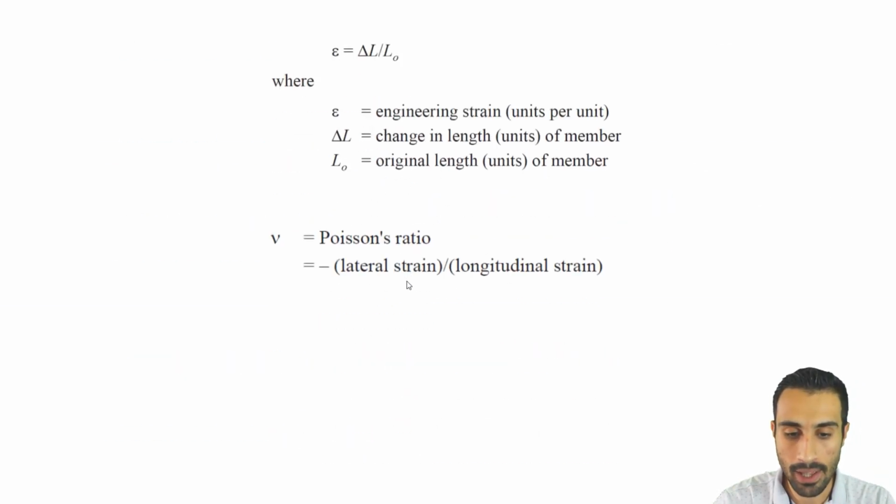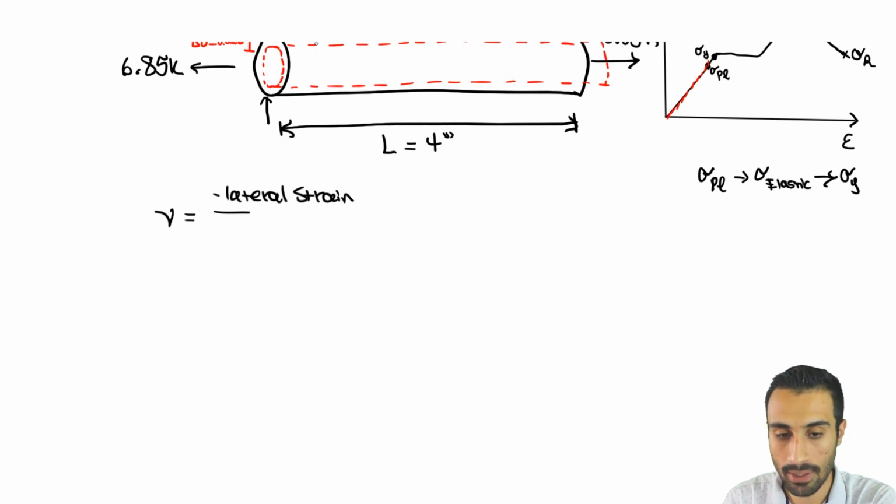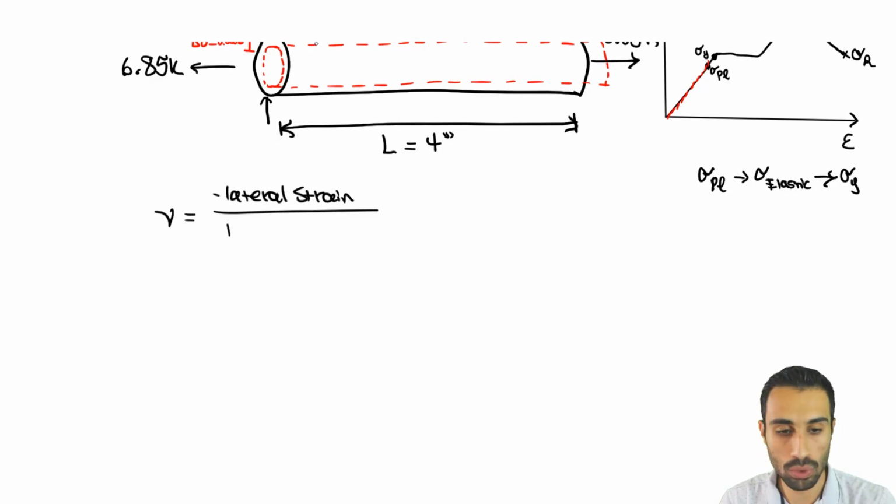Now with that, let's use the Poisson's ratio equation. Just to note, it's in the FE handbook, and it's defined exactly like this. So let me go above and denote that as italics V, and we know italics V, the Poisson's ratio, is going to be the negative lateral strain divided by the longitudinal strain.